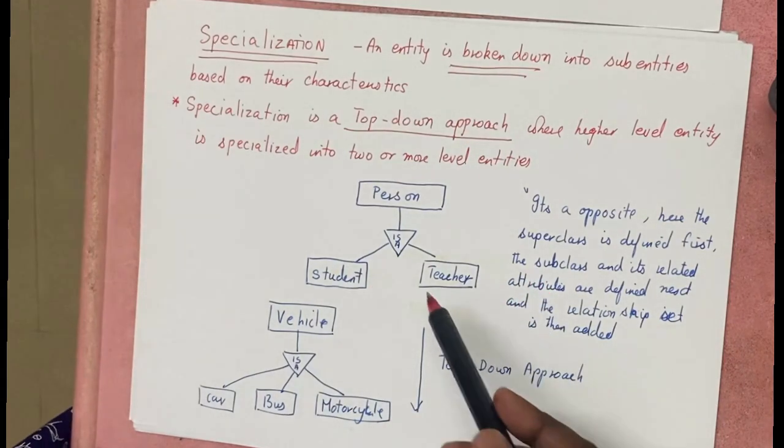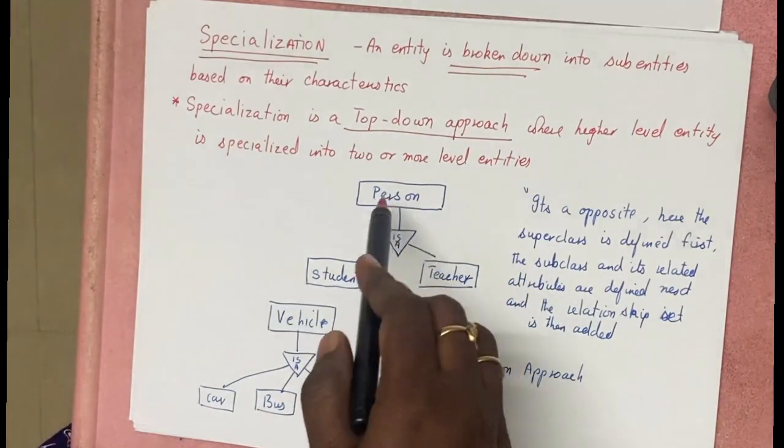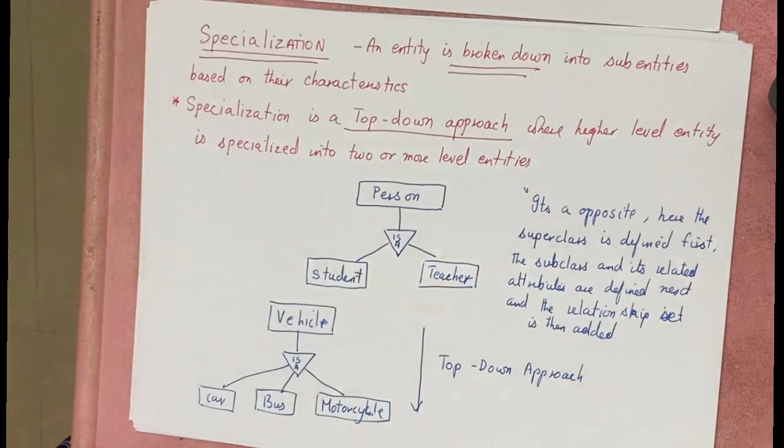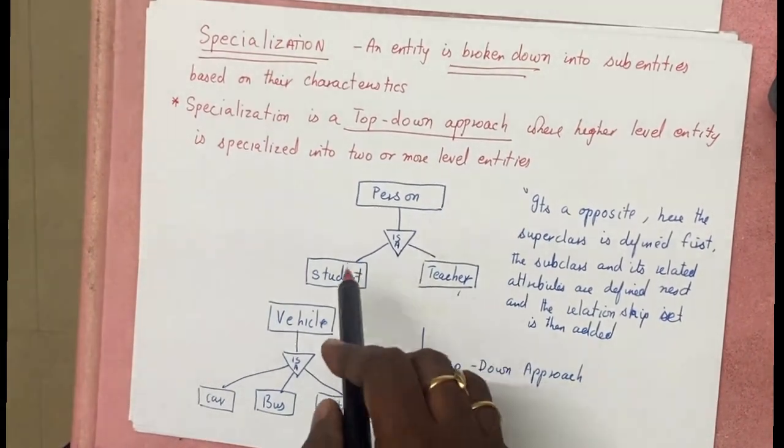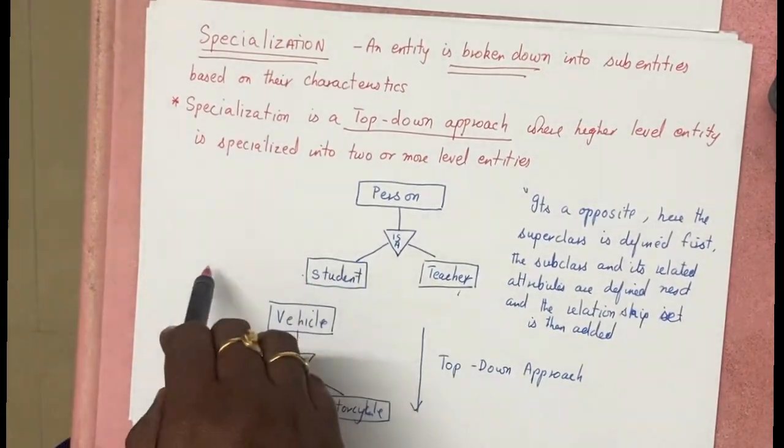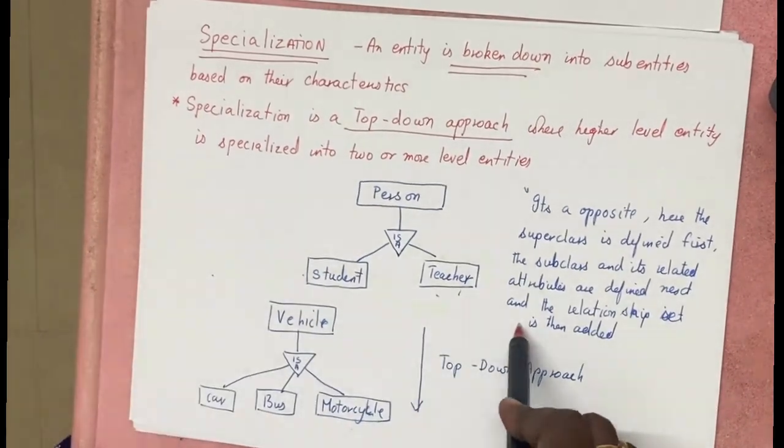Person can have ID, student also can have ID, faculty also can have ID. Student can have date of birth, faculty also can have date of birth. Address is also common for both. Phone number, email ID, everything can be a common attribute for these two entities. But a student pays fees, while a teacher draws salary.